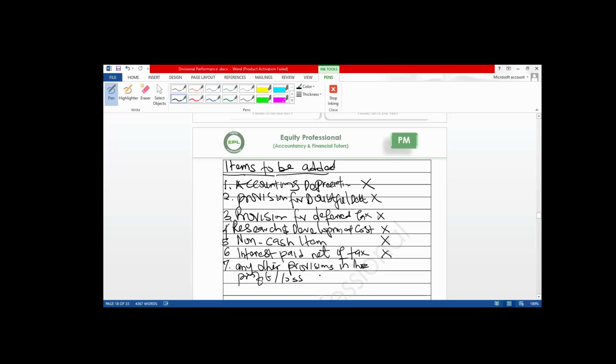Any provision in your profit and loss account, you are going to add it back. These seven items will be added back.